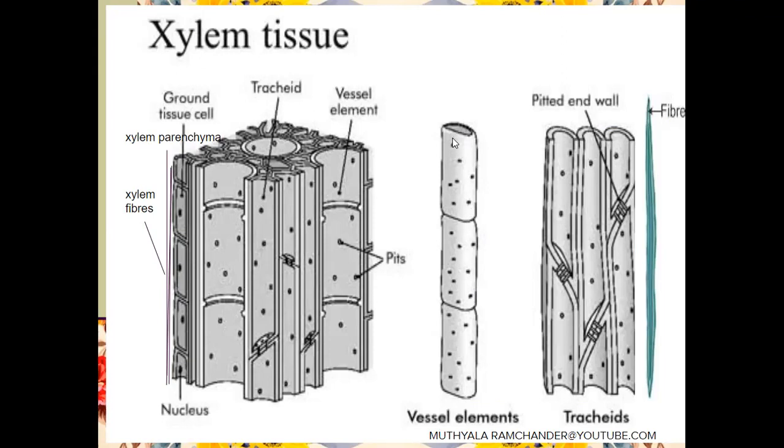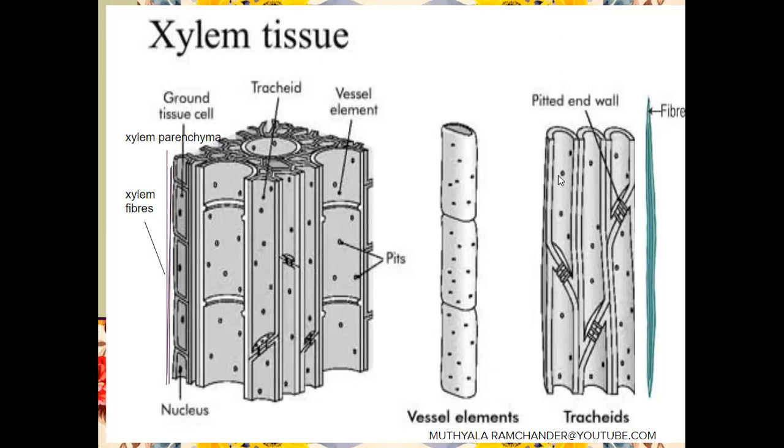The xylem vessels contain pits. Pits mainly help in exchange of water and minerals between two xylem vessels or tracheids. The tracheids are similar to the vessels. They also have a thick lignified cell wall, and they are also dead at maturity.